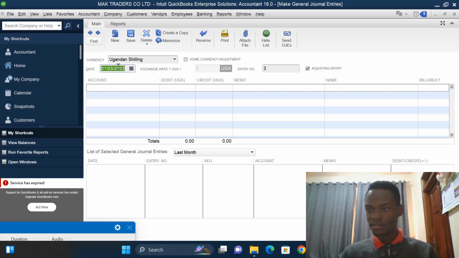And the date is on 3rd January. Yes, 3rd January. So here, obtained a bank loan.